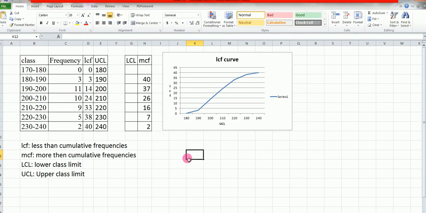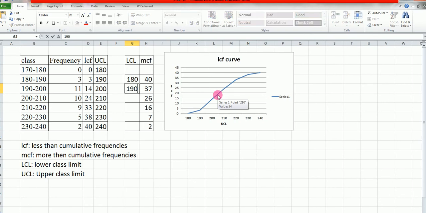Now the graph of MCF curve is obtained by plotting more than cumulative frequencies against lower class limit of a class. Now lower class limit of first class is 180, second class is 190. Drag this up to last class. Now this class will not touch to x-axis.